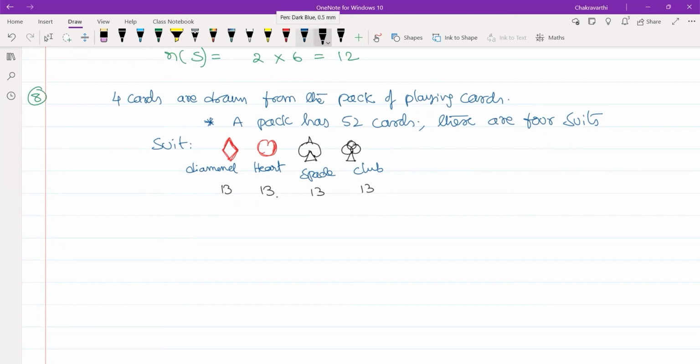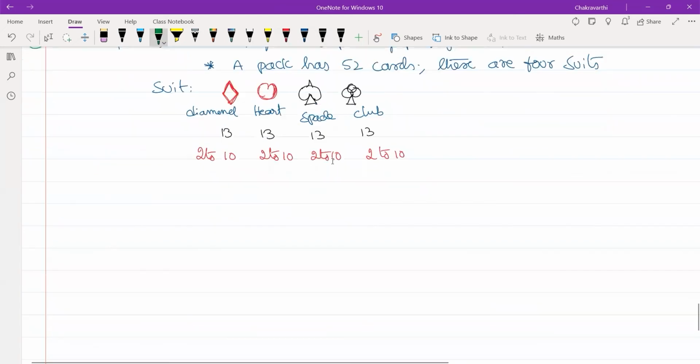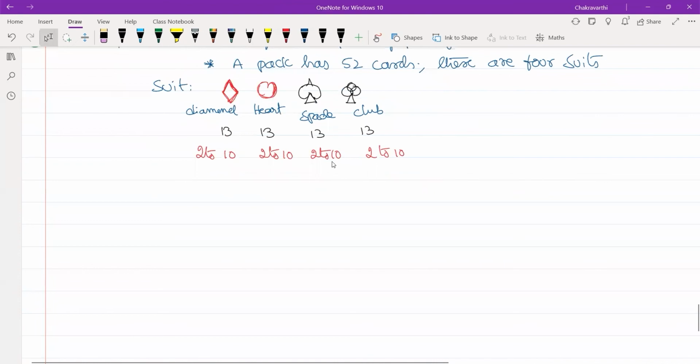Out of these 13, 2 to 10 are numerals, natural numbers, positive integers. 9 cards, 9 into 4, so 36 cards are numerics.